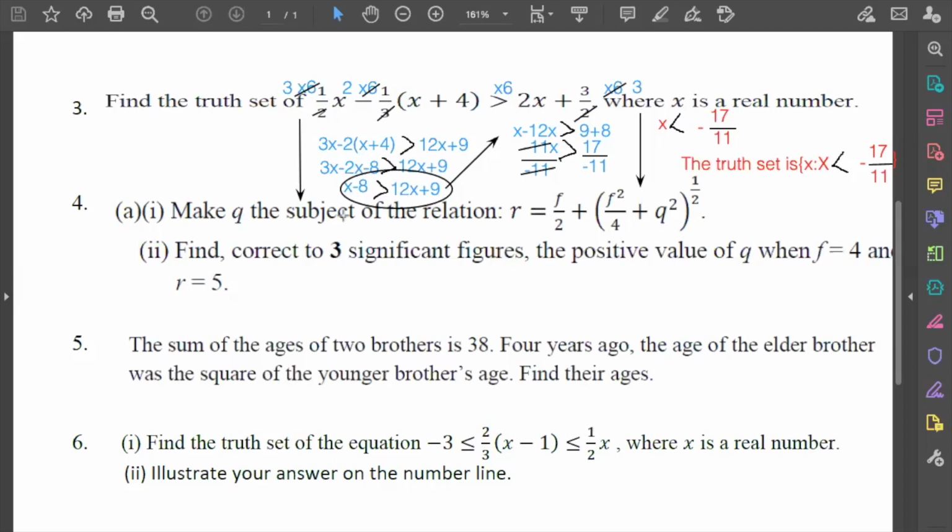I am going to maintain negative 8 here and carry the 9, and then maintain the 12 here and carry the x. So here I am going to get negative 8 minus 9, because when the 9 crosses, it becomes negative. And then I have my sign greater than.